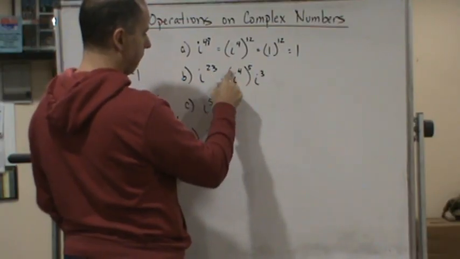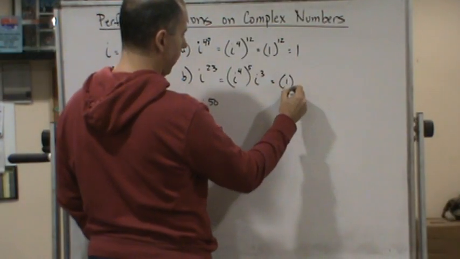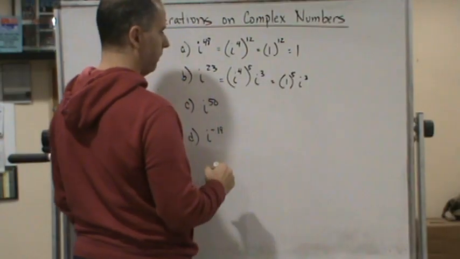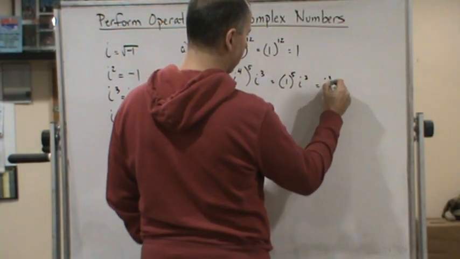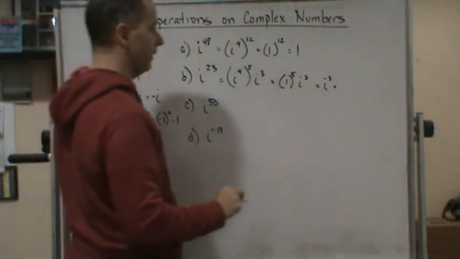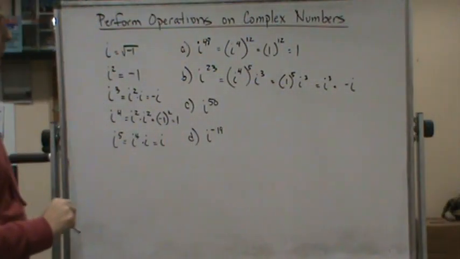So we've got 1 to the fifth times i to the third, so this is just going to be i to the third, which is -i. And so that's our answer.